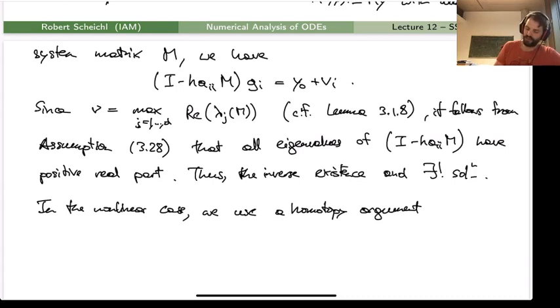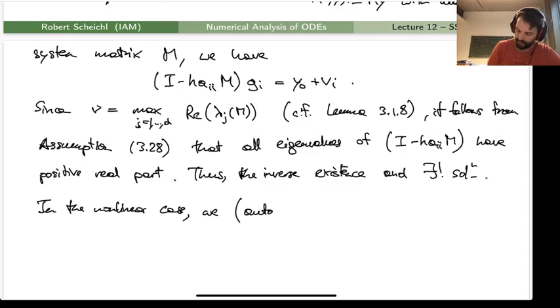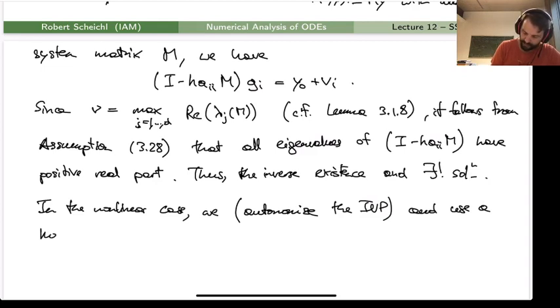So first of all, I should say we autonomize the ODE, the initial value problem. I didn't write that explicitly. We autonomize the initial value problem and use a homotopy argument. Oh no, I don't need to autonomize. It's just another set of typos, sorry.